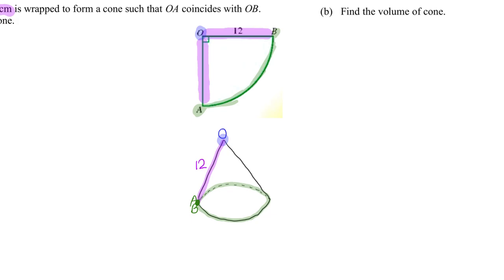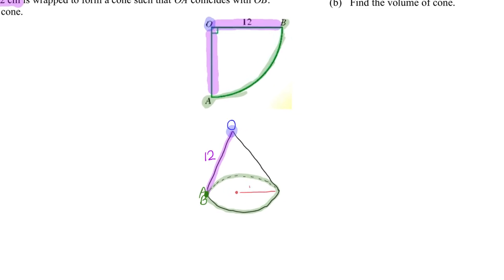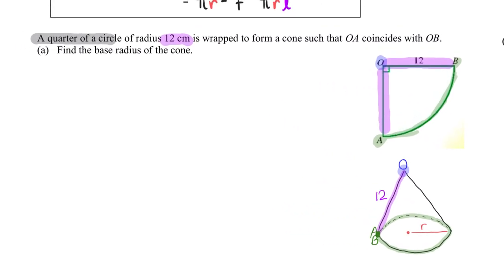And the question is actually really asking us to find this base radius r. So how can we do it? Well, since they tell me it's a quarter of a circle, that means I will be able to find the area of this particular quarter of this circle first.